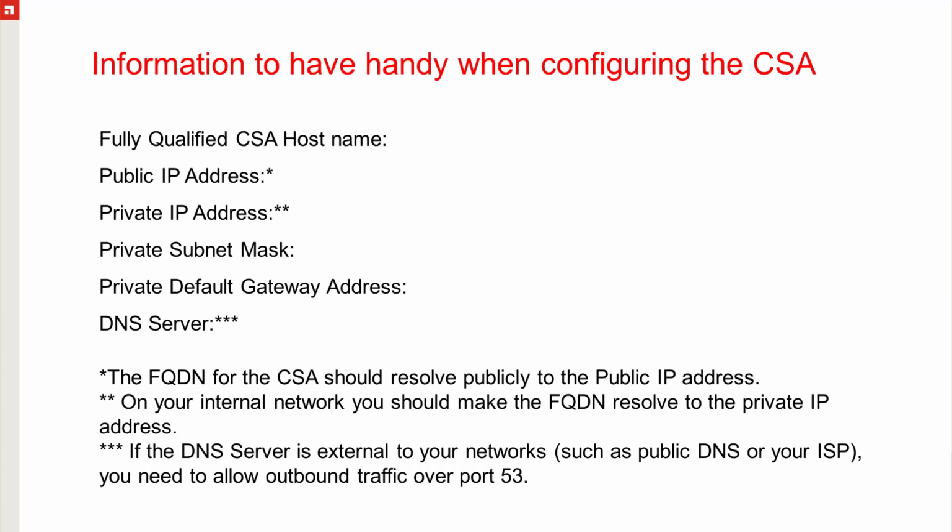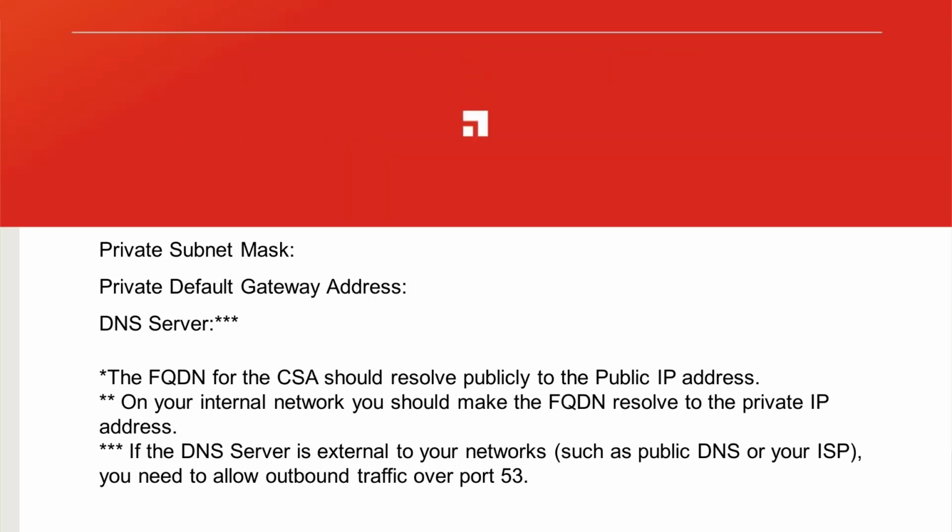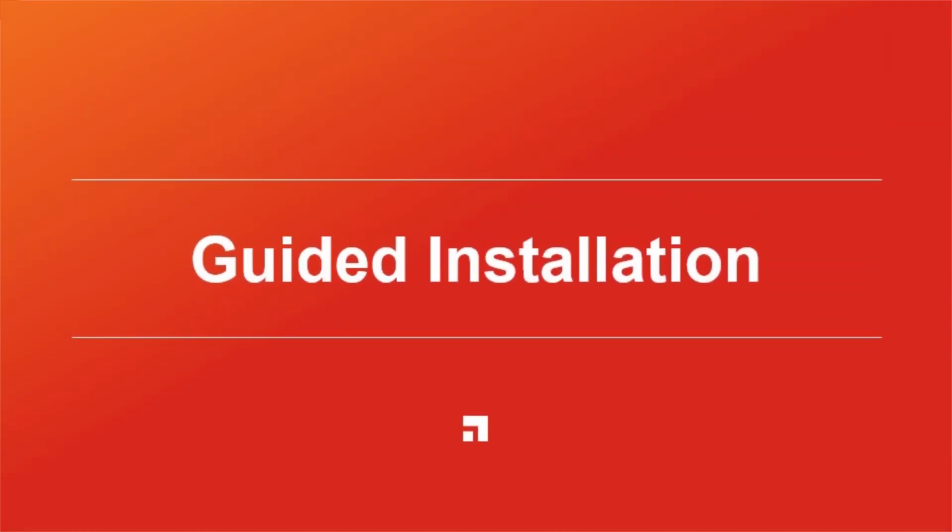And so we need the private IP, the subnet mask, etc. And as I mentioned before, if you don't have a DNS server accessible within your DMZ, then you should also allow outbound traffic over port 53 so that it can resolve names and whatnot. All right, that's it. We're going to hop right into the installation now.